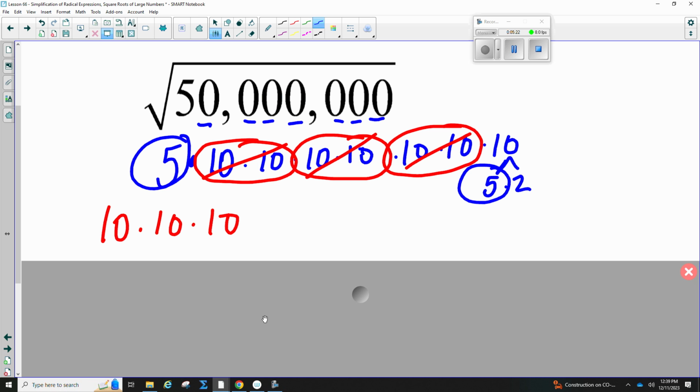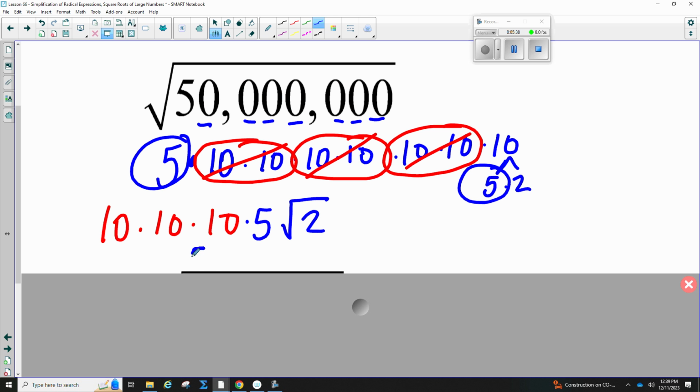They leave the house as 1. And the sad little 2, who does not have a date, stays inside the house. All right? Everybody on the outside multiplies together. 10 times 10 times 10 times 5. So that would be a 5 with 3 zeros. 5,000. Whoops, I meant to put a 2 when I wrote a 5. Root 2. All right, 5,000 root 2.